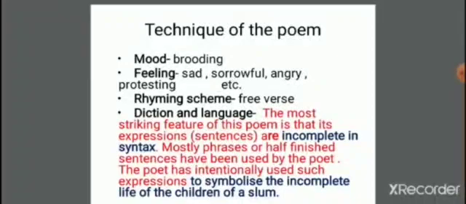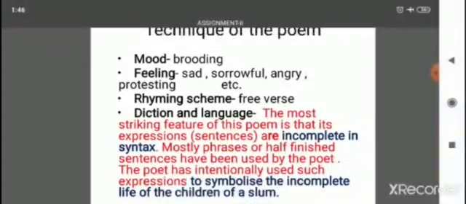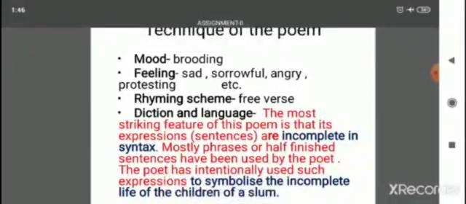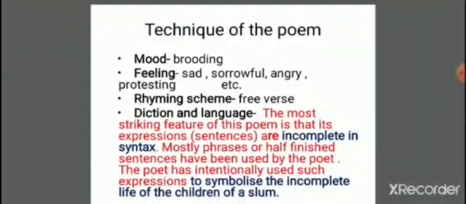We find anguish and anger in him later on when he wants this map to be blotted with slum, and his protest against these pictures showing rich world, which he thinks are the biggest cause of social injustice. And if we talk about rhyming scheme, basically it is free verse, as no fixed rhyming scheme is there.